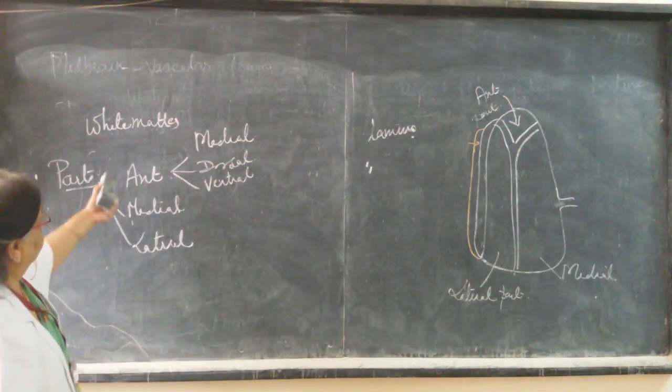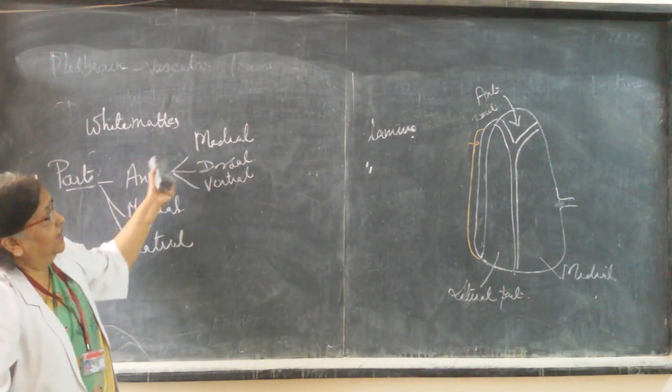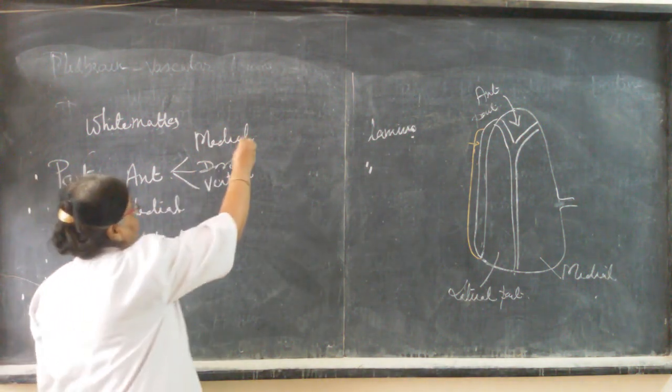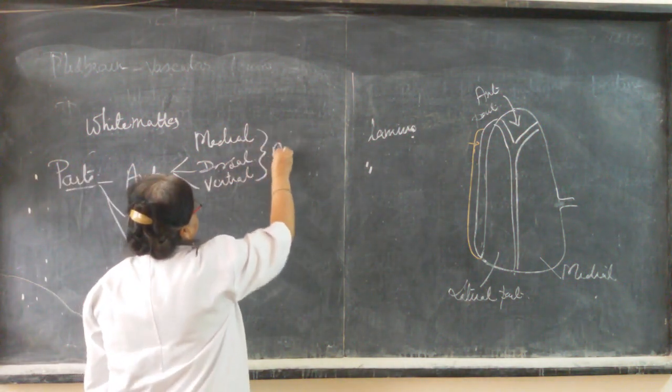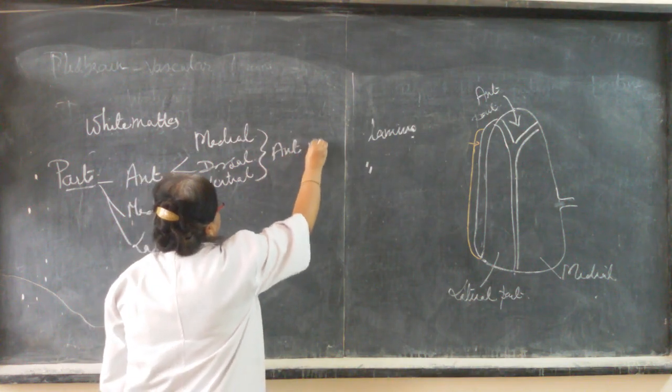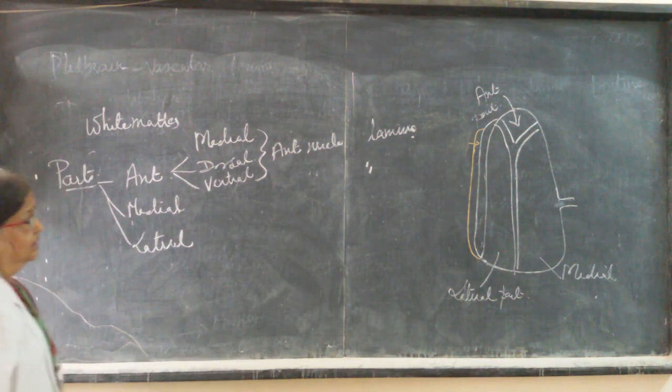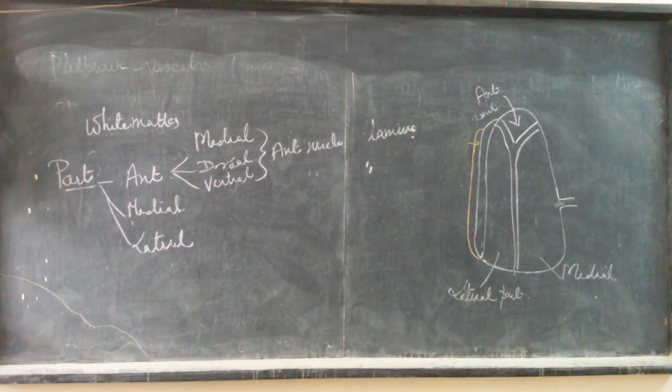They are said to be anterior medial, anterior dorsal, anterior ventral, collectively known as anterior nuclei. Therefore, in the anterior part, we will get the anterior nucleus.